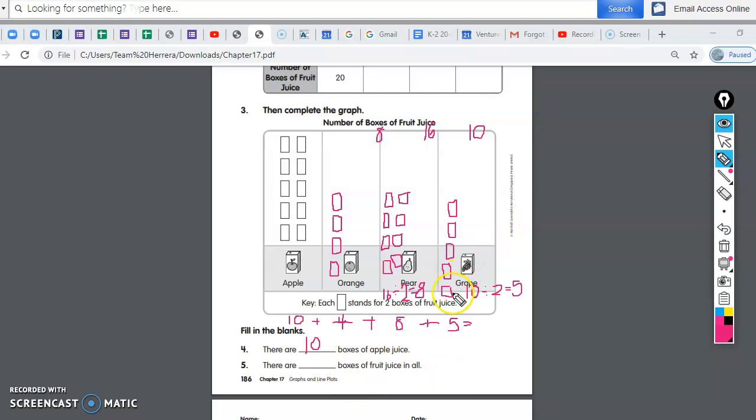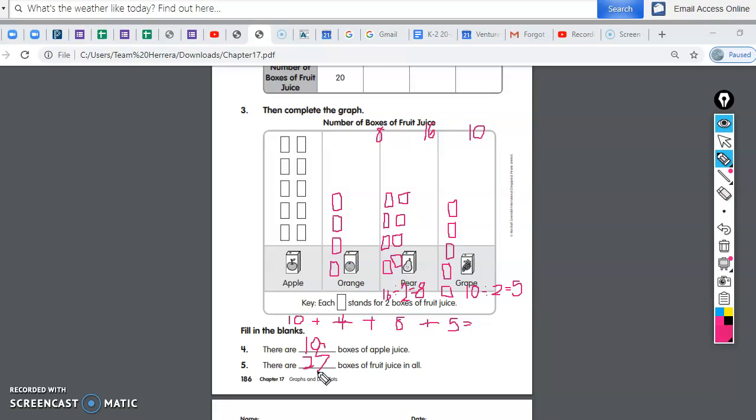I could even count 1, 2, 3, and so on up to 27. So a couple different strategies of how you could have solved that. And forgive my terrible writing. So 27 juice boxes in all.